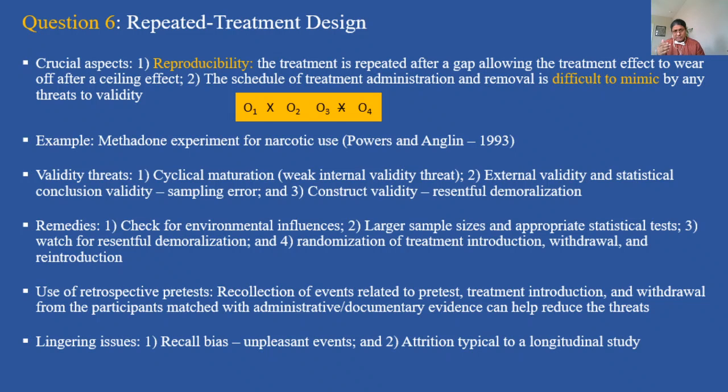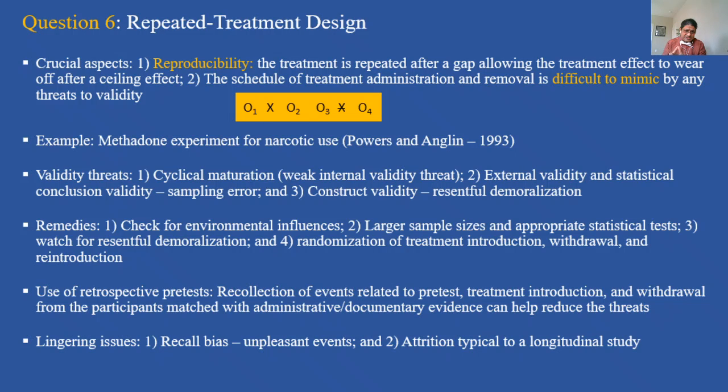So, this design is actually strong against threats to internal validity, except in case where cyclical maturation may occur, especially when the schedule of measurement is so perfectly matched that there is a confusion about assigning the effect to the treatment.